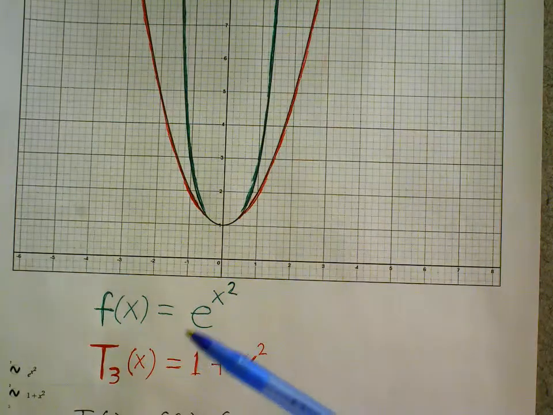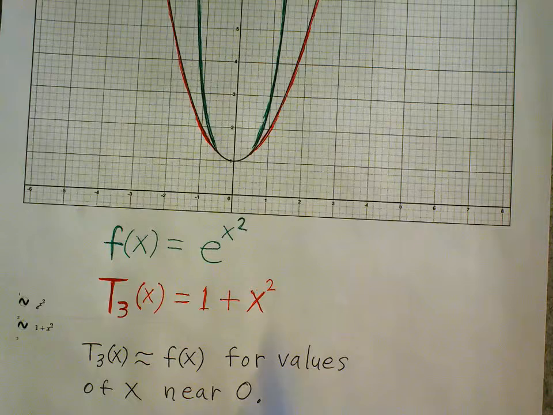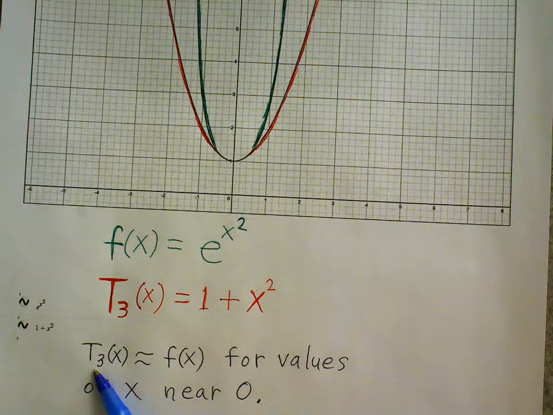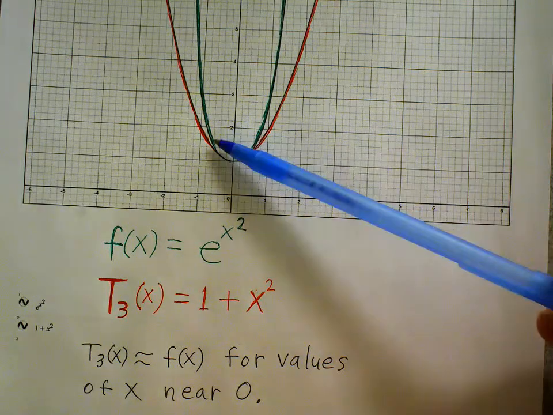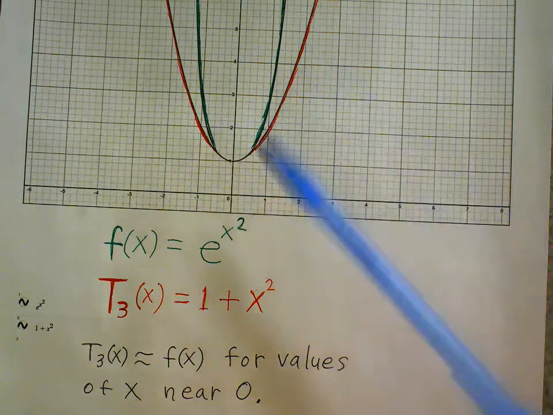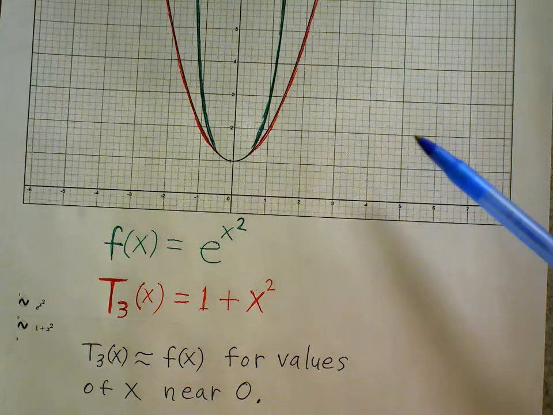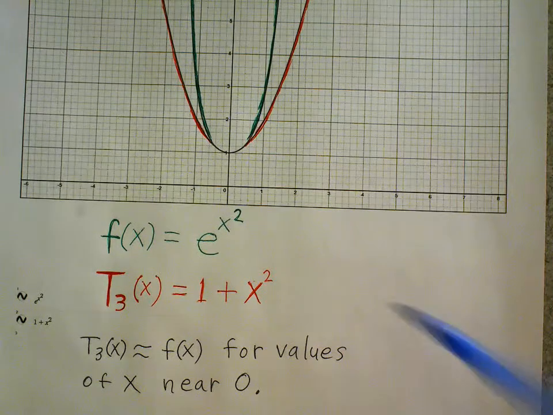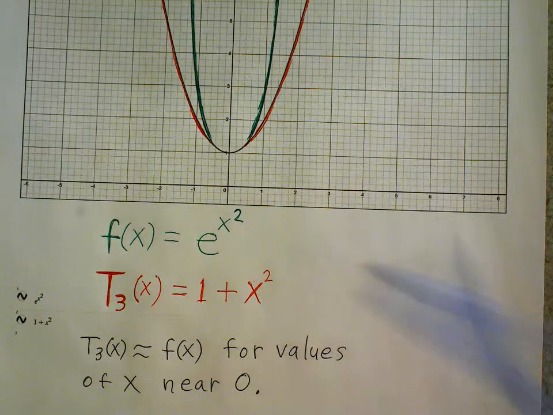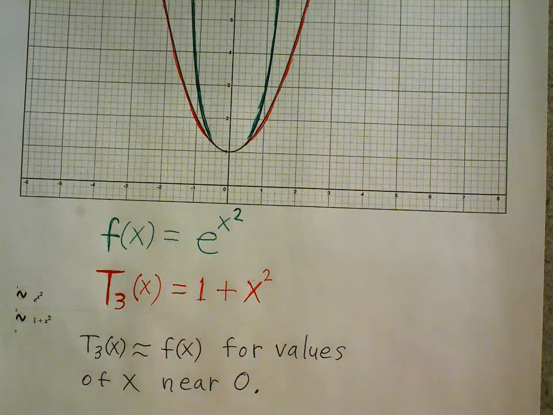But as you can see, for values of x near 0, it's a pretty good approximation. So if you were to blow that up, I suppose you would be able to see some light between the two graphs, but anyway, this hopefully will convince you that Taylor polynomials are a good way to approximate more complicated functions.